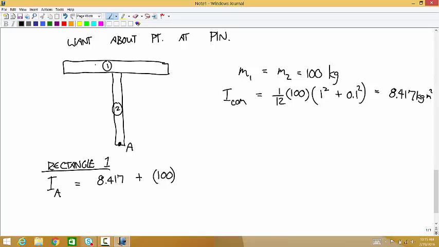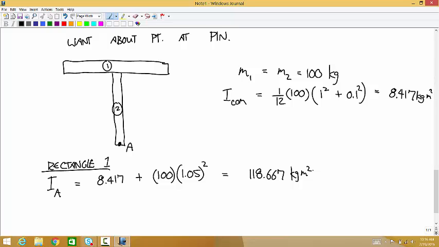What's the distance from the center of mass of rectangle 1 to the point A that we want? That would be 1 meter plus another 0.05. So 1.05 squared. And so what do you get there? 0.667.